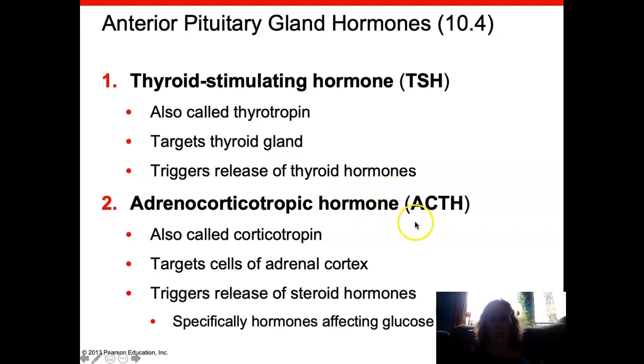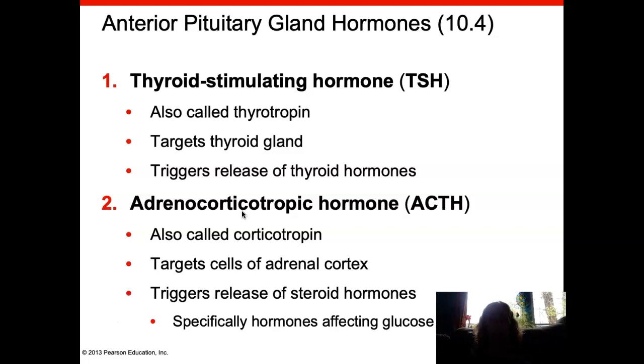ACTH is the hardest one for students to remember because it's got kind of a long name. Adrenocorticotropic hormone. So let's take that word apart. Adreno is going to bring to mind the adrenal gland on top of the kidneys. Cortico, well, in the brain system, we learned that the brain has an outer layer called the cortex.